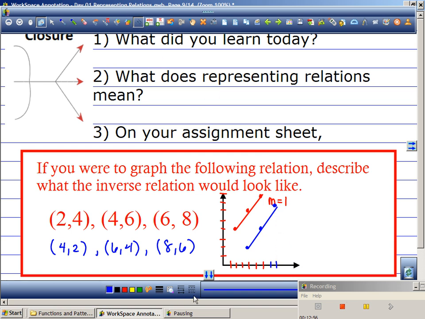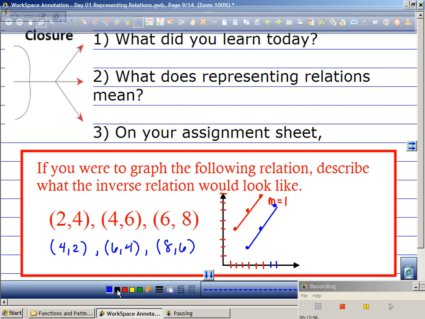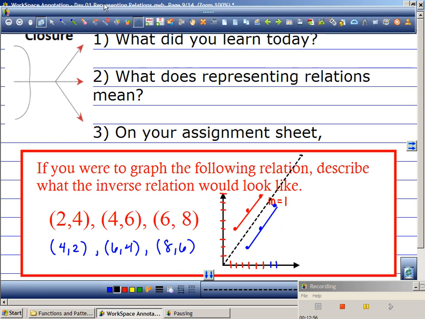I'll give you a hint. What did you say? Well, it won't always be parallel though, but it will always. I'll show it to you this way.